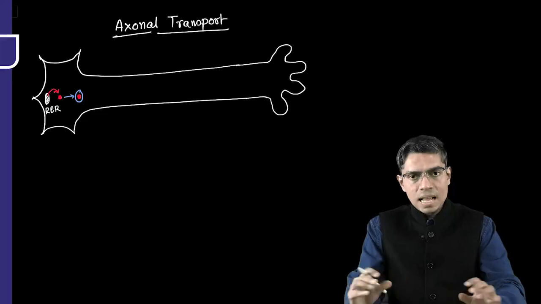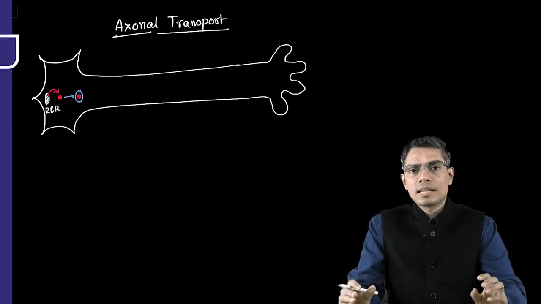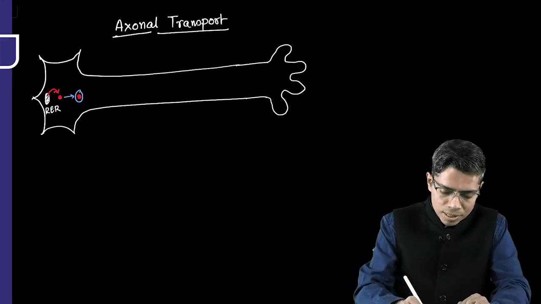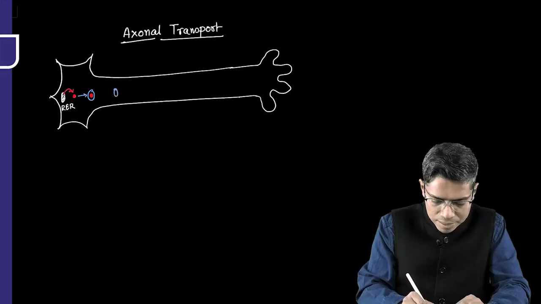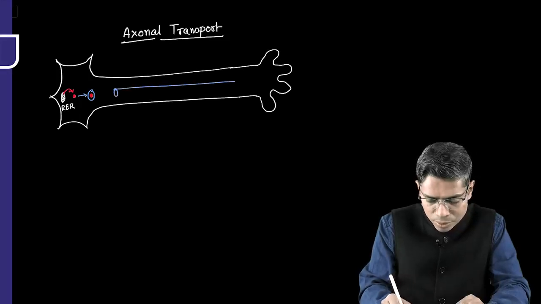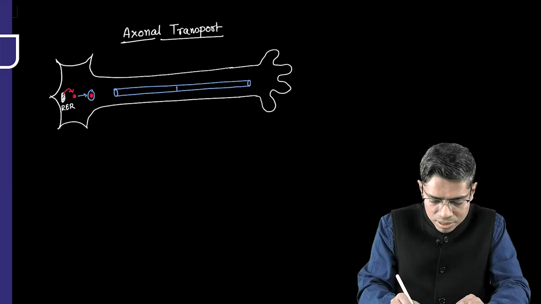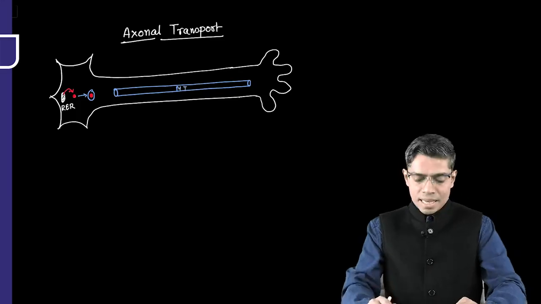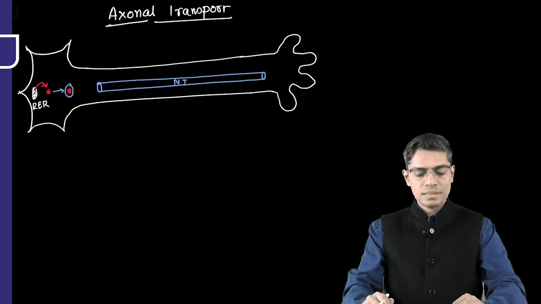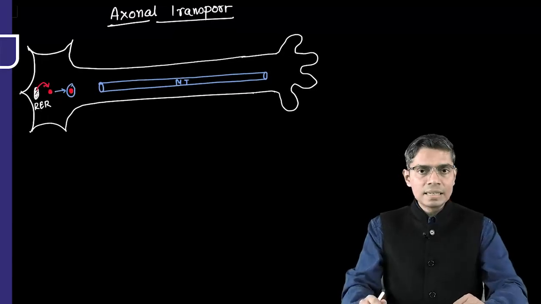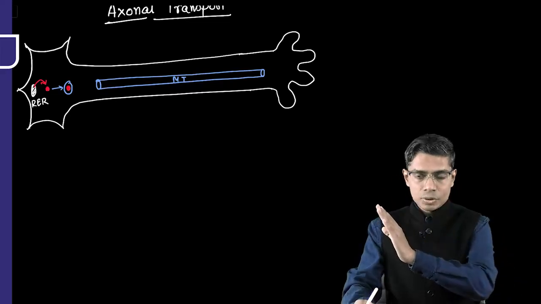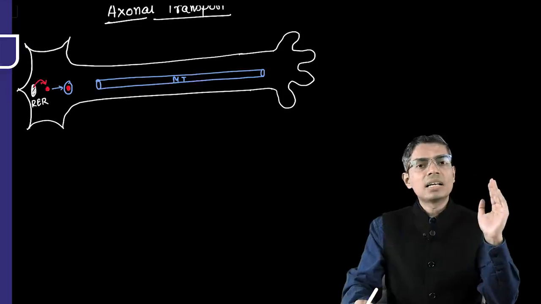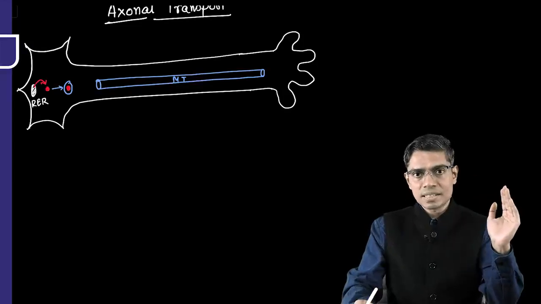What is there inside this axon? There are certain cytoskeletons, and one such important cytoskeleton present inside is the microtubules. So I am drawing the microtubules. In general physiology we have discussed that the microtubule is a dynamic cytoskeleton which has a growing end, known as the plus end, and a non-growing end, known as the minus end.